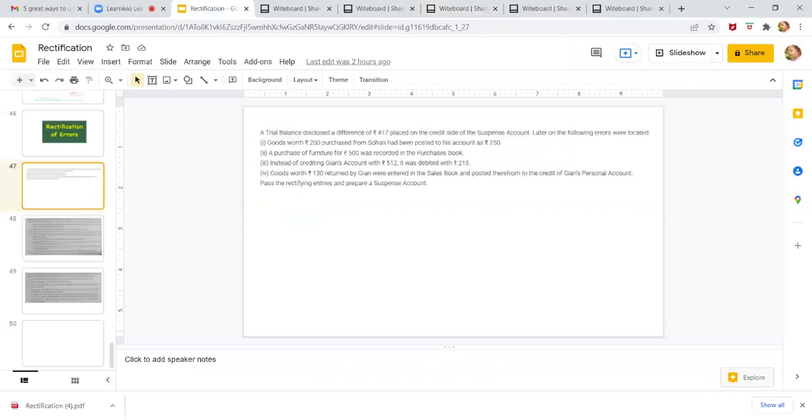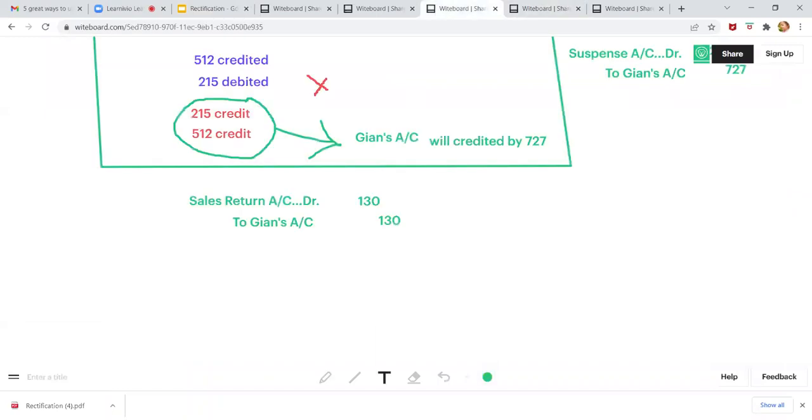But what is the mistake here? It was entered in sales book, right? And posted therefrom to the credit side, credit of Jian's personal account. It means this is the credit side, this is Jian's account, which has to be credited, right?